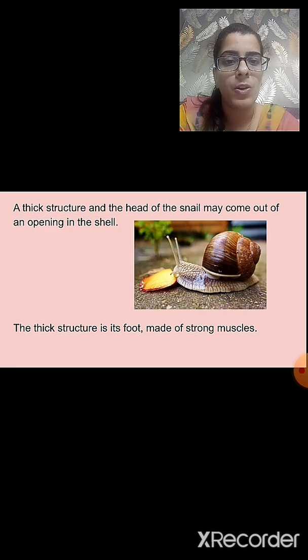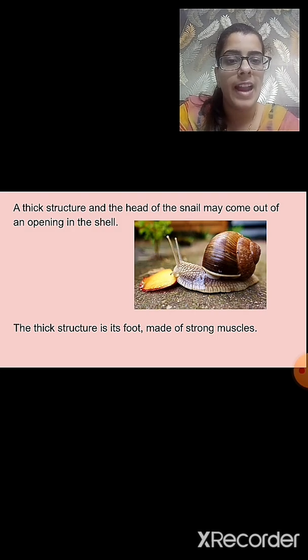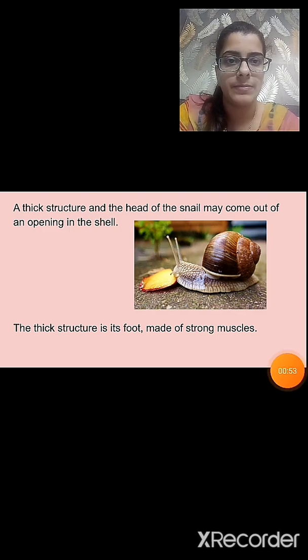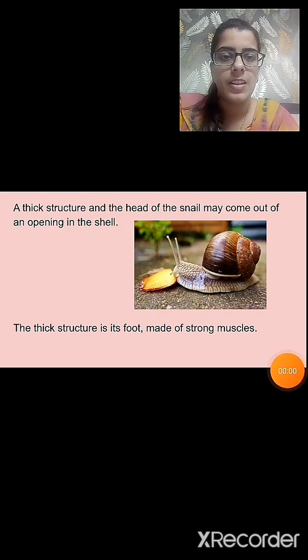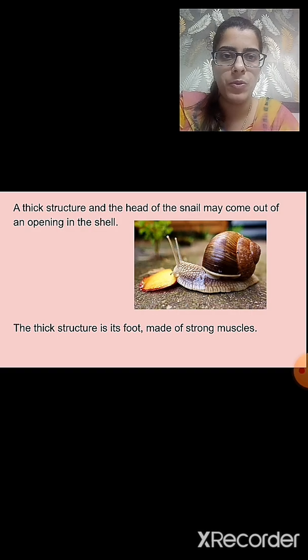The thick structure is its foot, and the foot is made up of strong muscles. So, how does the snail move? Snails move very slowly and in a wavy motion.